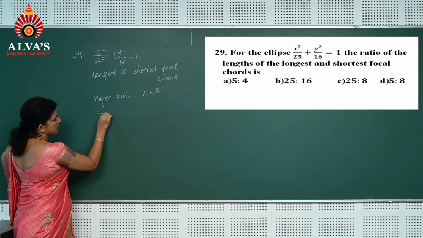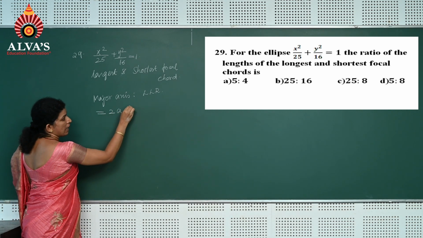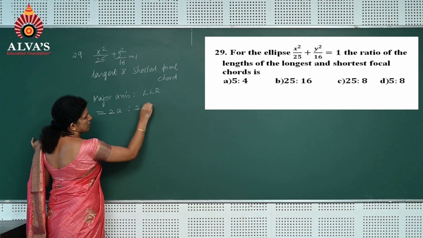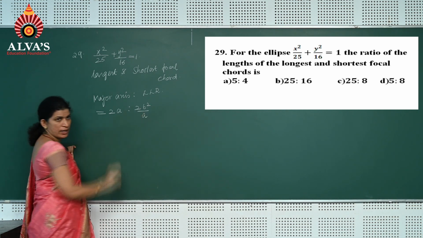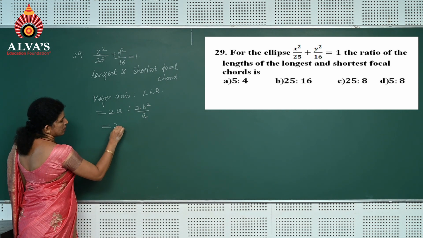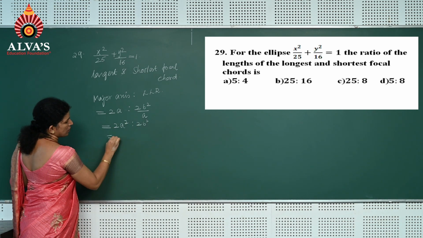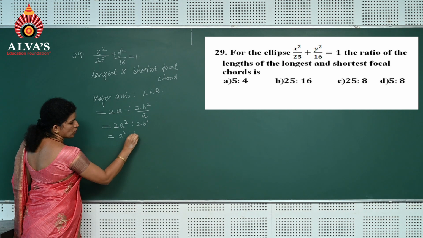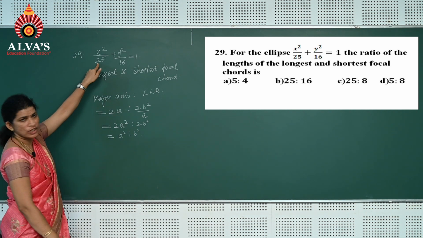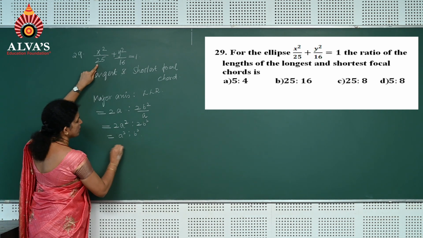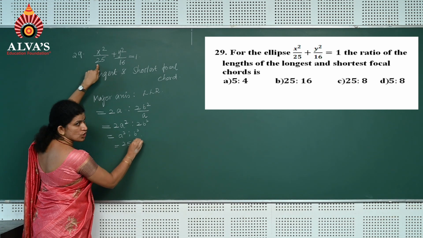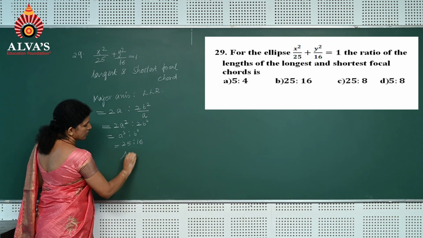The major axis is 2a, and the length of the latus rectum is 2b square by a. Simplifying, it is 2a square is to 2b square, it is nothing but a square is to b square. Come to the given equation of the ellipse, comparing, it is 25 is to 16, so that answer is B.